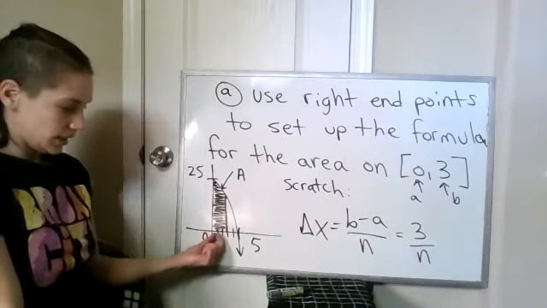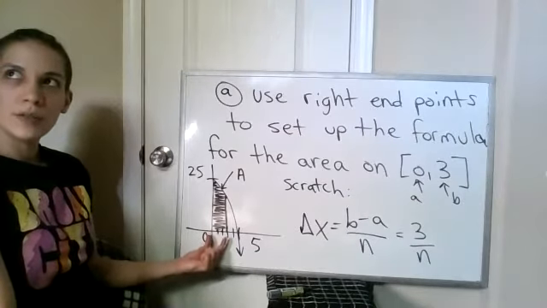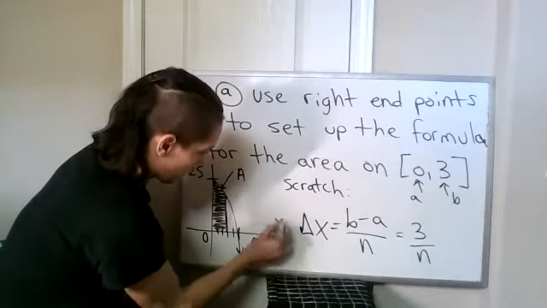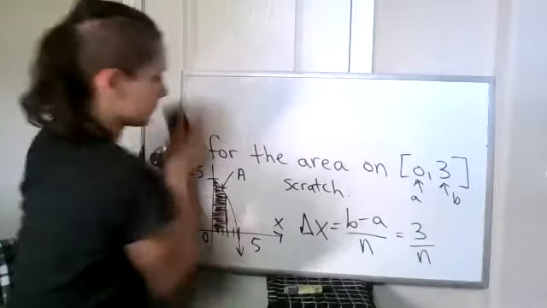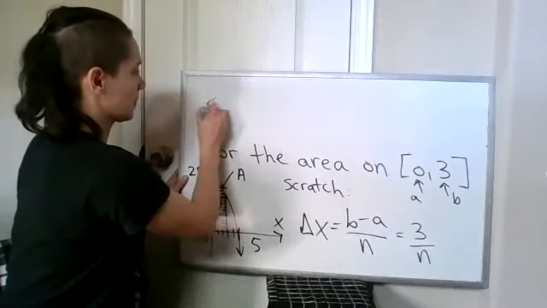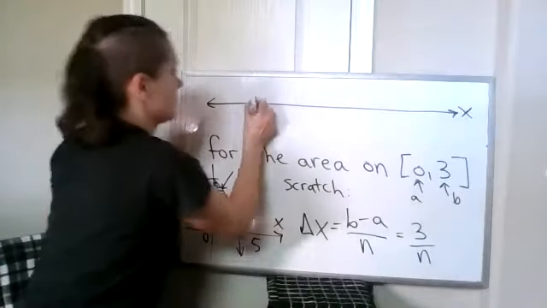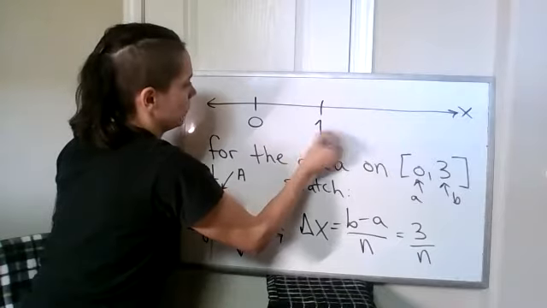So let's get a bigger picture from 0 to 3 and just draw the x-axis. I don't need to label that part.